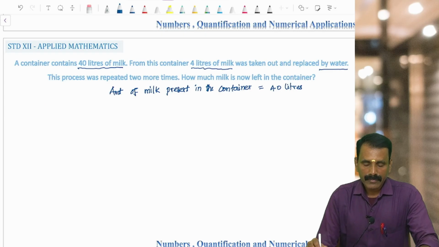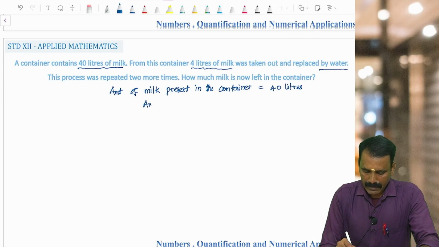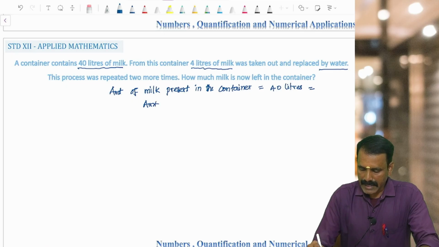We take this as X. Every time we are going to remove 4 liters of milk, so the amount of milk replaced with water every time is going to be 4 liters.